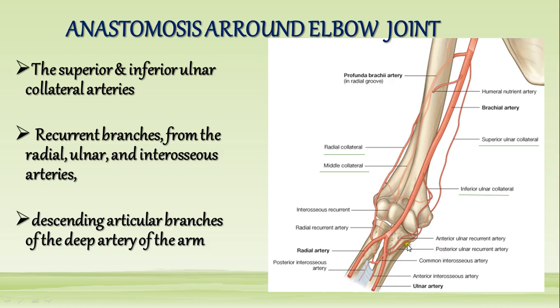The word recurrent means moving back, running upward. So these two ulnar recurrent arteries go up towards the elbow joint to form anastomosis with the superior and inferior ulnar collateral arteries.